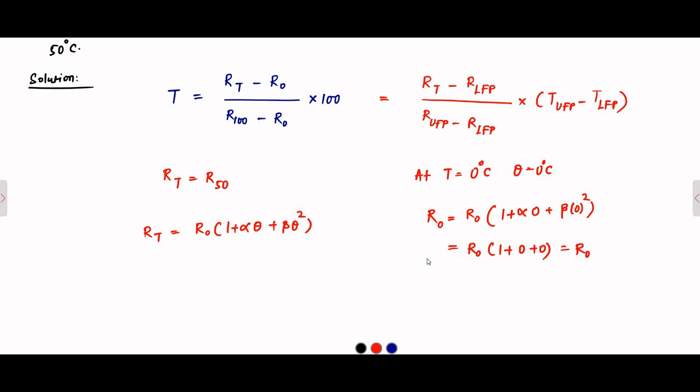Then R50, the resistance at 50 degrees Celsius, is equal to R0 into 1 plus 50 alpha plus 50 square beta.